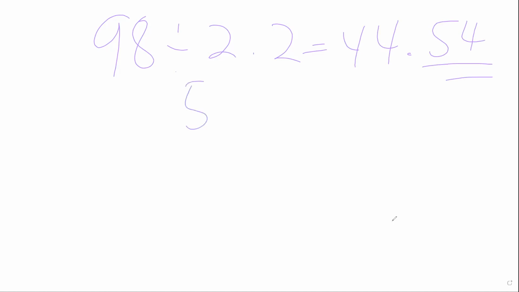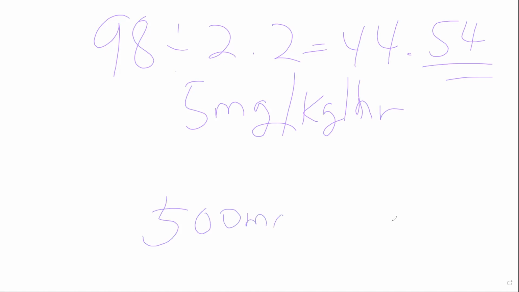Our desired dose is 5 milligrams per hour. And since our ordered dose is in milligrams, we don't have to convert there, right? What we have on hand is already in milligrams.